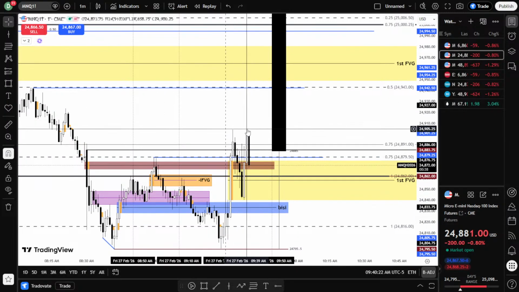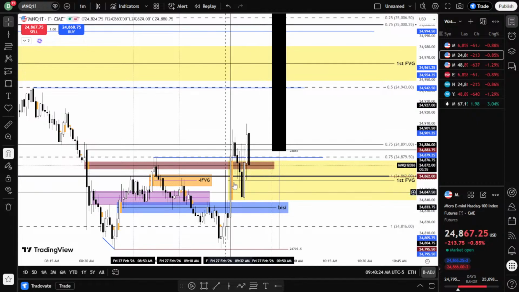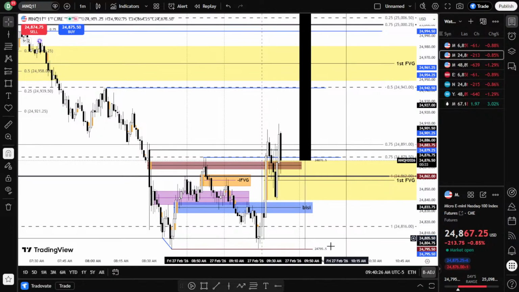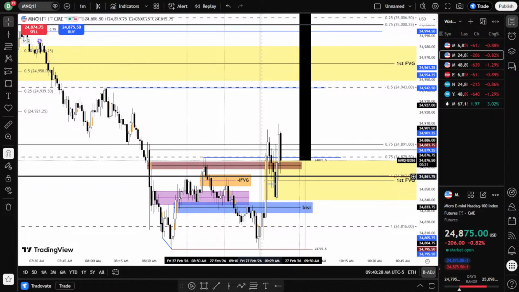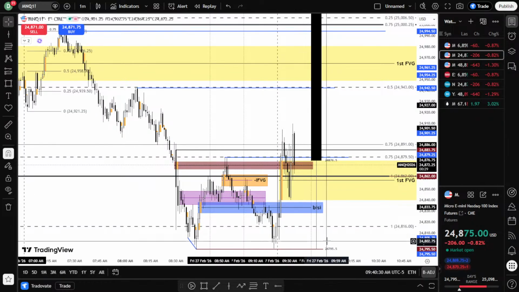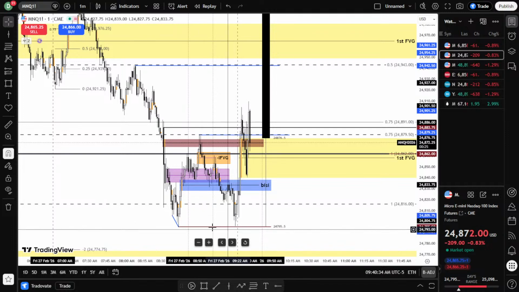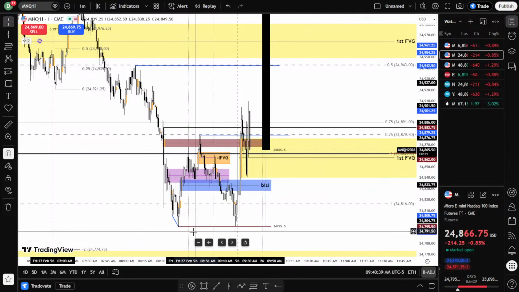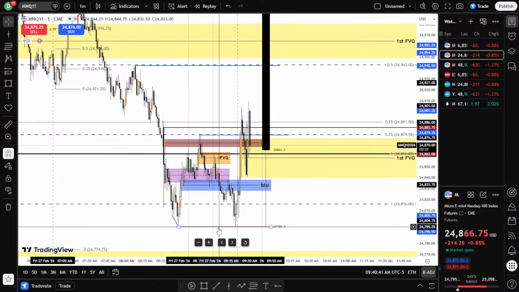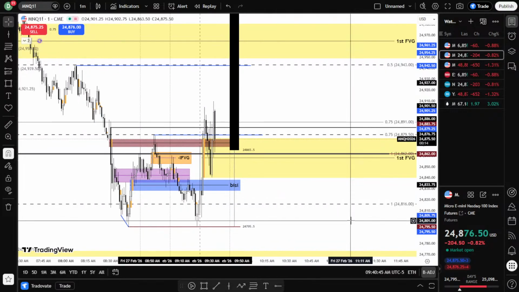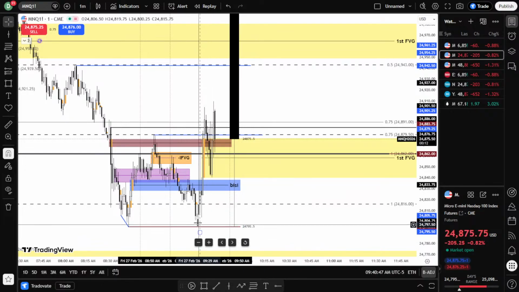Look at that. This is also a good draw because retail is thinking that this area right here is support, so they might get compromised.